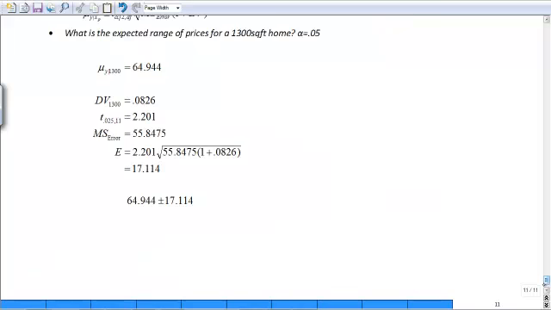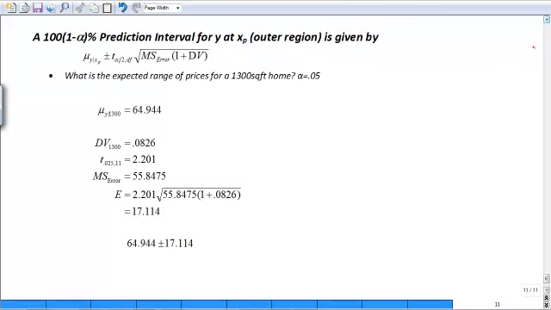The prediction interval, again, is going to give us the range where we might expect to find a single home. The only difference with this formula is we're going to add 1 to the distance value before we multiply that against mean squared error. So the same point estimate, the same distance value, the same critical value of t, the same mean squared error. Only difference, 1 plus distance value.